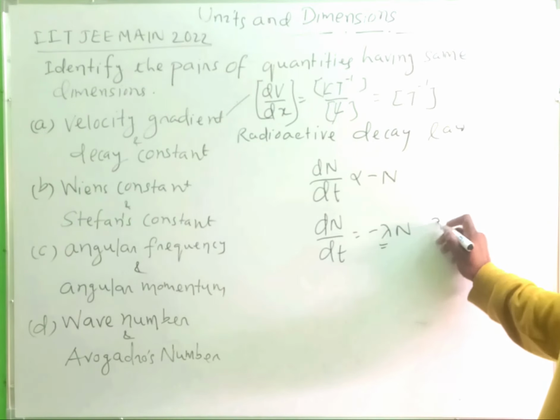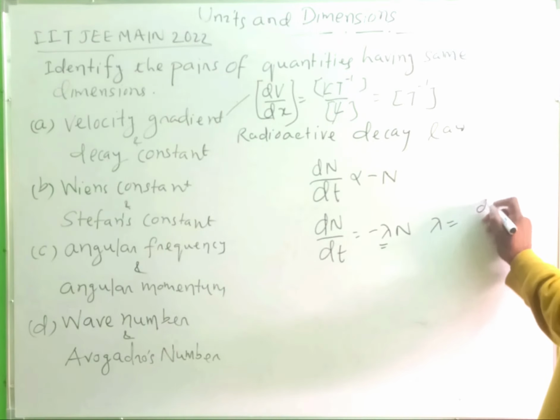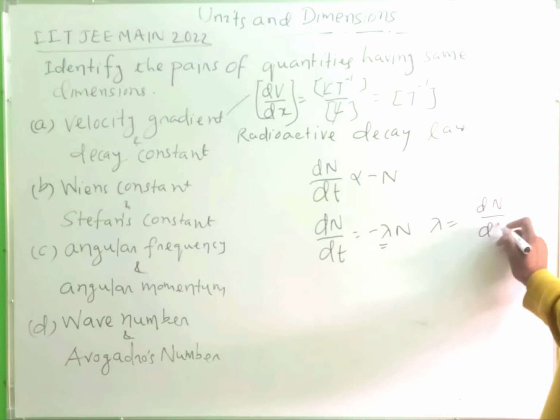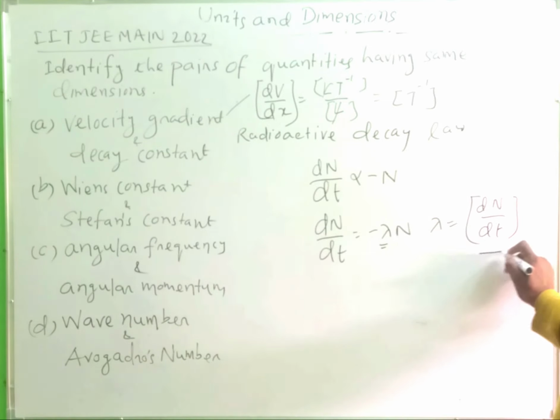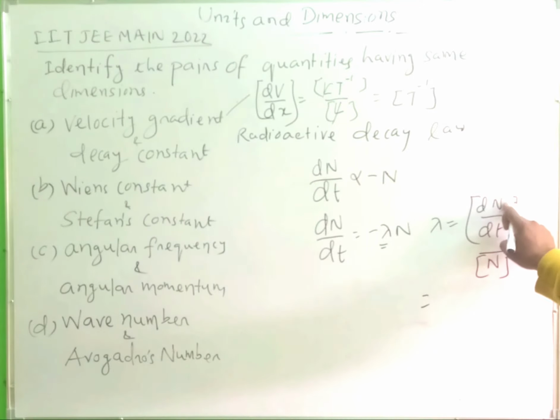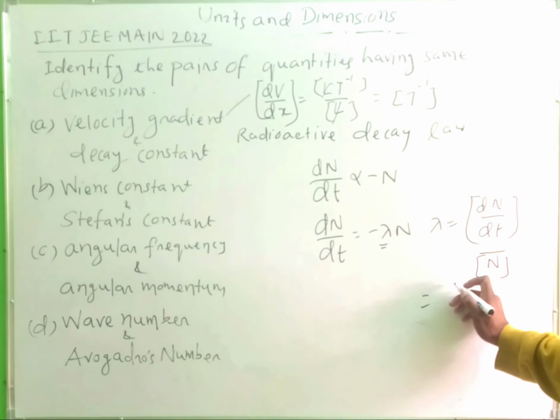From this we get the formula lambda is equal to dN by dt by N. Okay, student. Then what is dN? That is also a small number of radioactive atoms, and dt will have time.